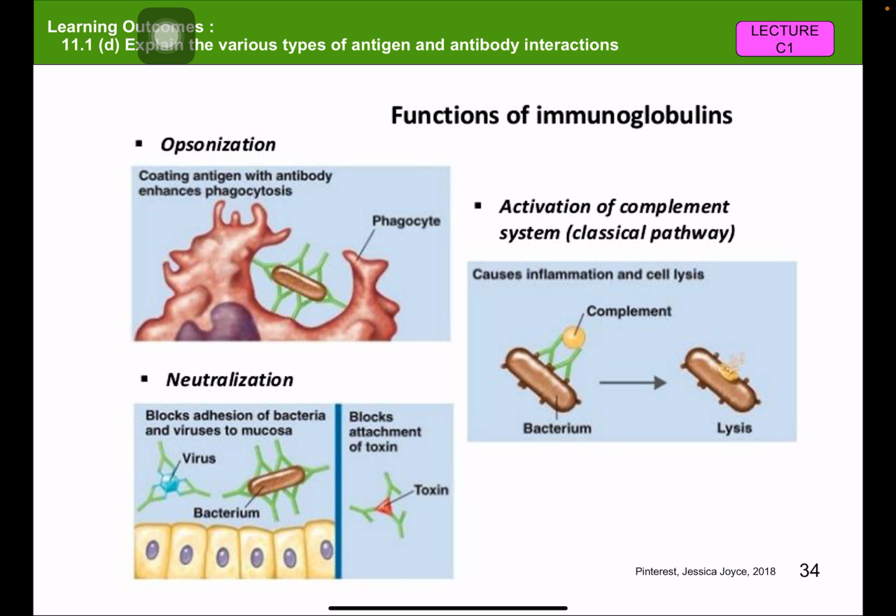So we have the three. Opsonization, whereby the phagocyte coats the antigen with the antibody, enhancing phagocytosis.